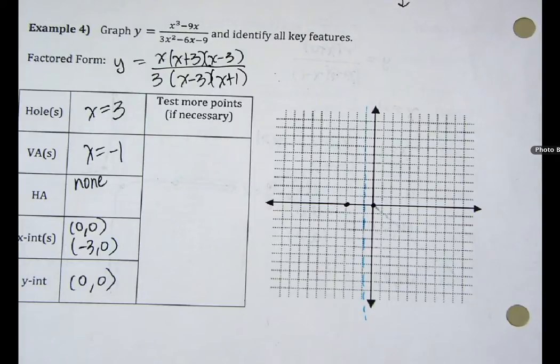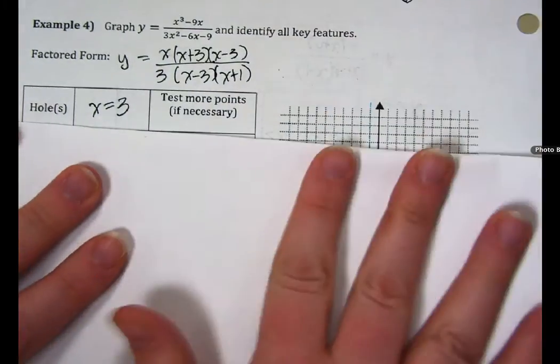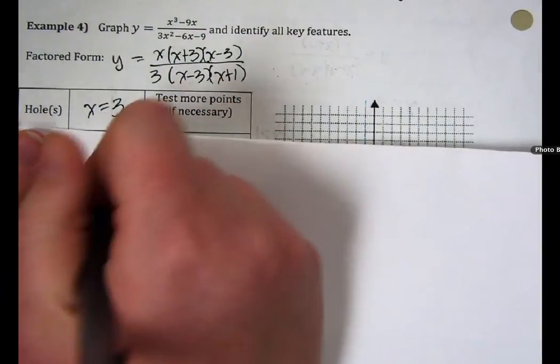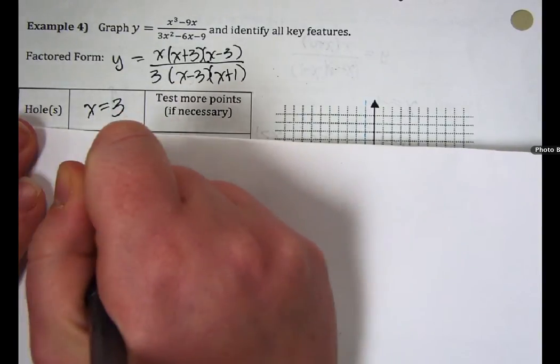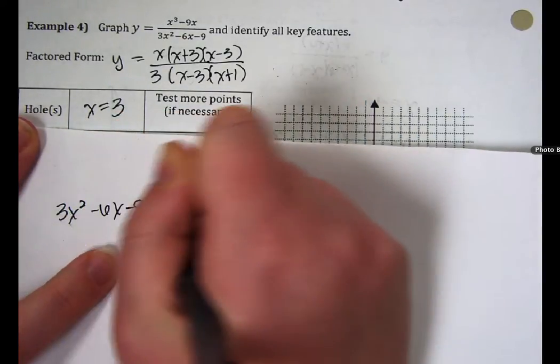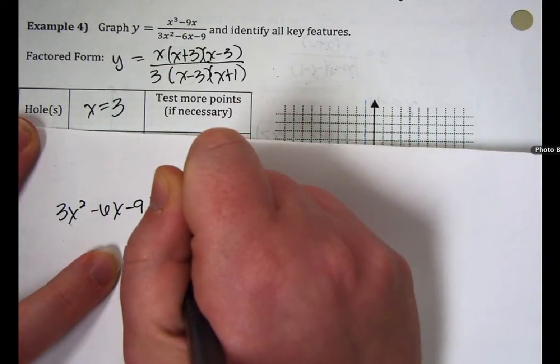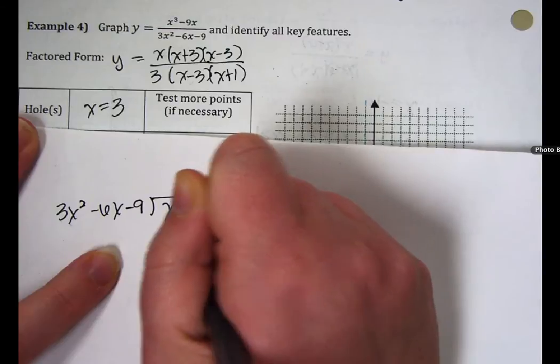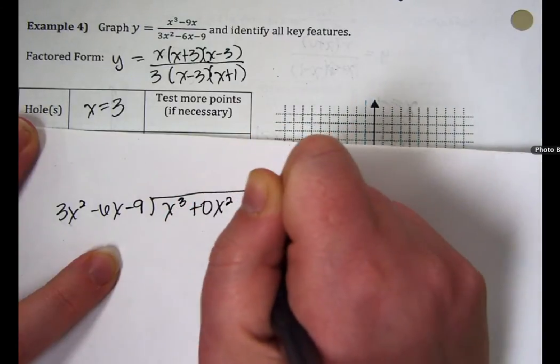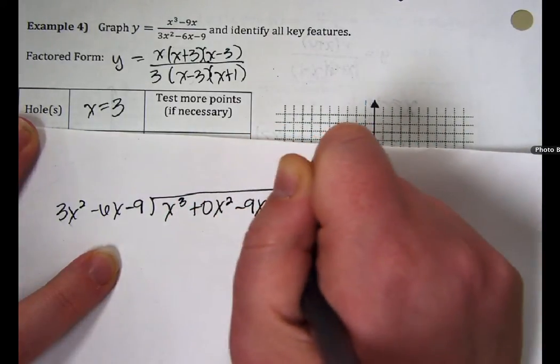So we're going to take 3x squared minus 6x minus 9, and then our dividend, sorry, is x cubed plus 0x squared minus 9x plus 0.